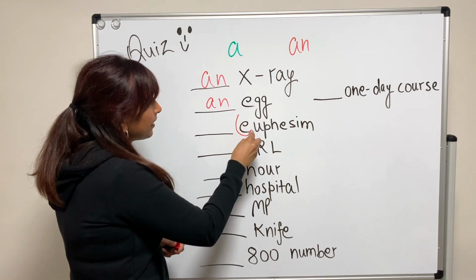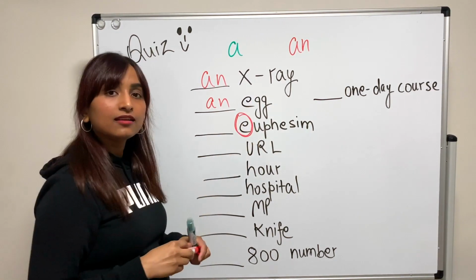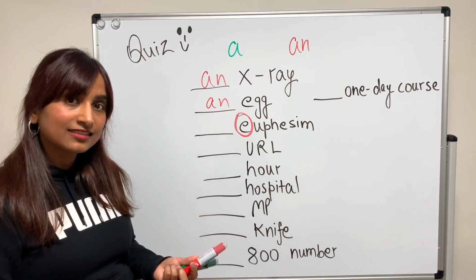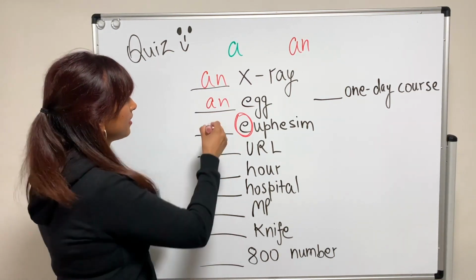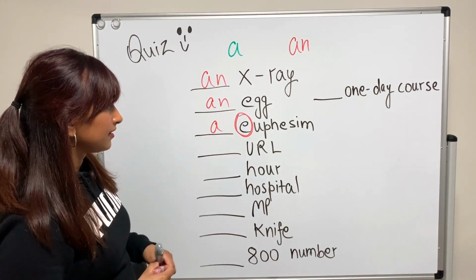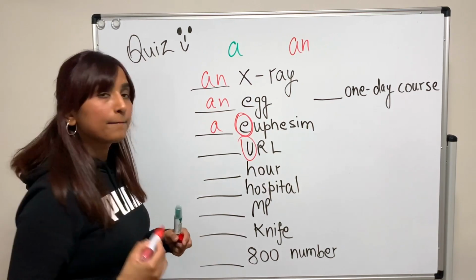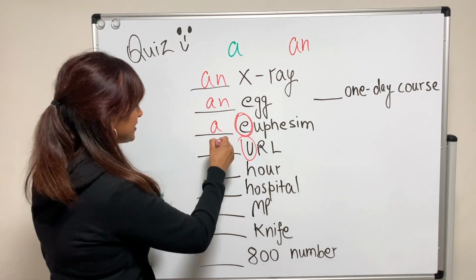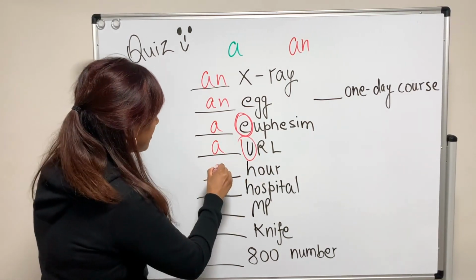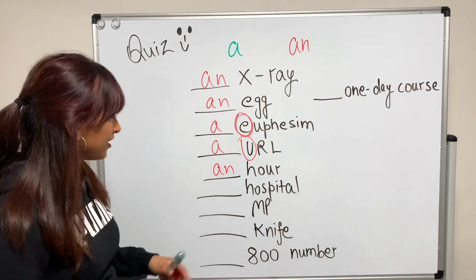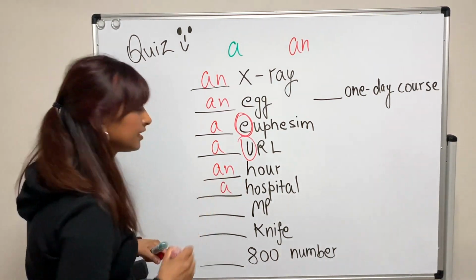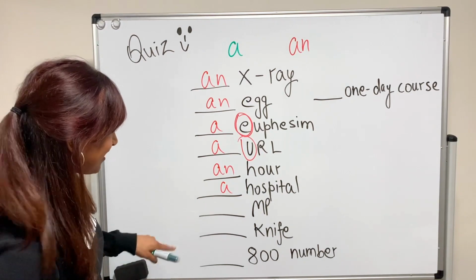Although it's a vowel, the sound is consonant. So you say a euphemism. URL. It's a vowel, but the sound is consonant. A URL. Hour. An hour. Hospital. H. Consonant. So a.